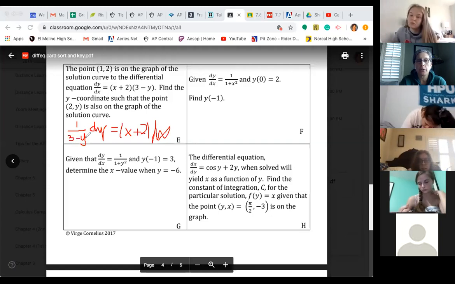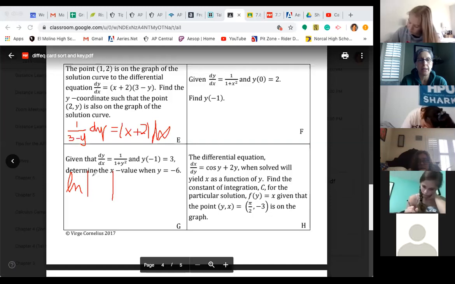So this is one where you could use u substitution, but this is going to be like a 1 over u. And so the antiderivative of that is going to be your ln u. So we're going to get ln of the absolute value of that 3 minus y, and I'm going to jump through the du steps or the u substitution steps here because it's really hard to write like this.